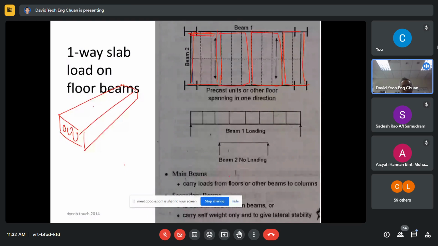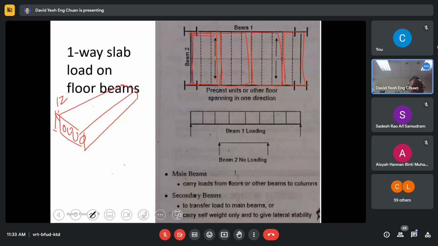Okay, now if you look at the screen here, you can put a hollow core slab unit in, and its thickness, say 125, and span can be 4 meter, can be 6 meter, can be 8 meter, depending on what this is.